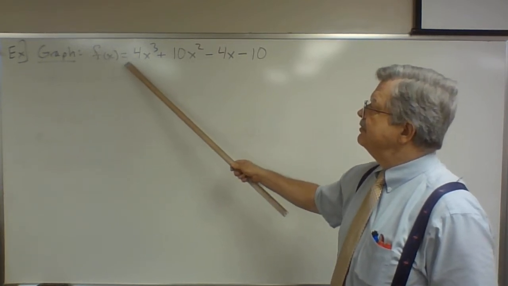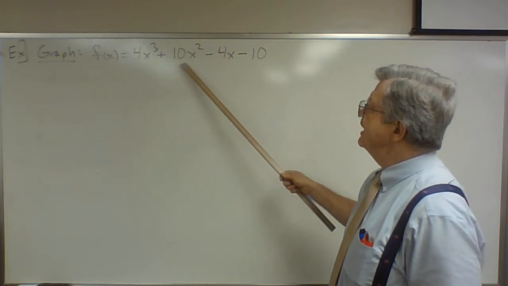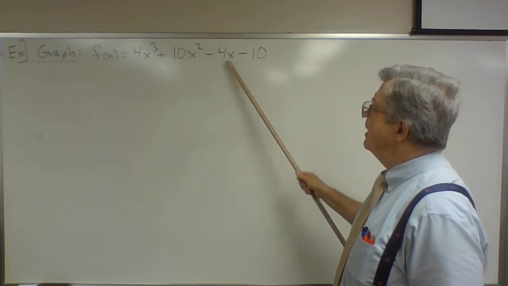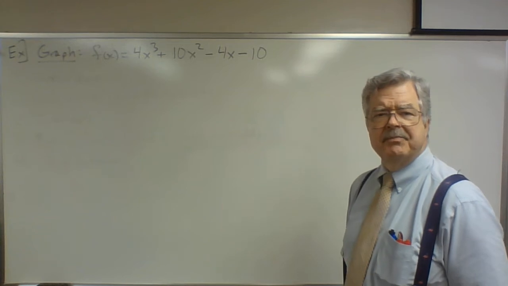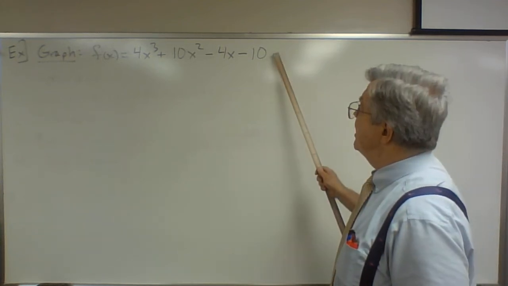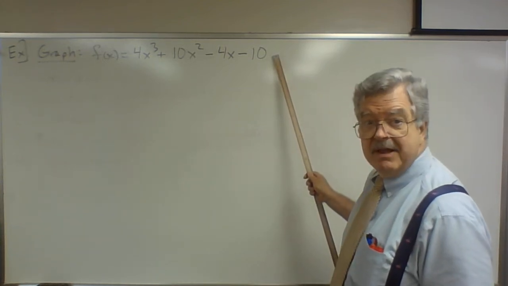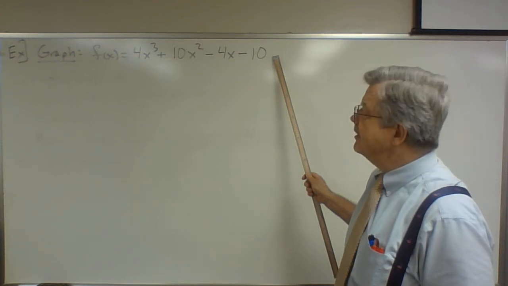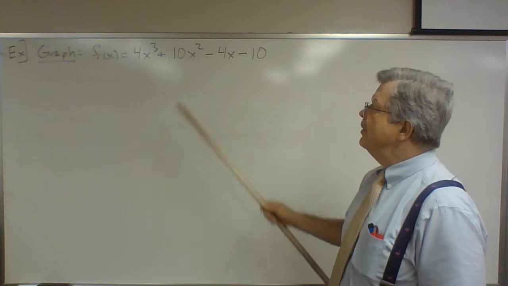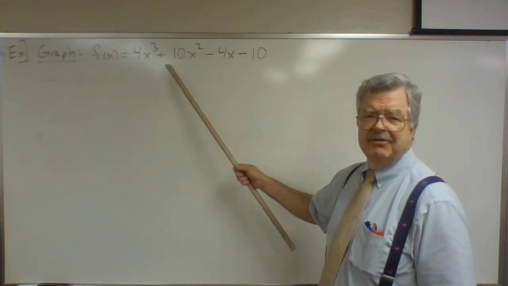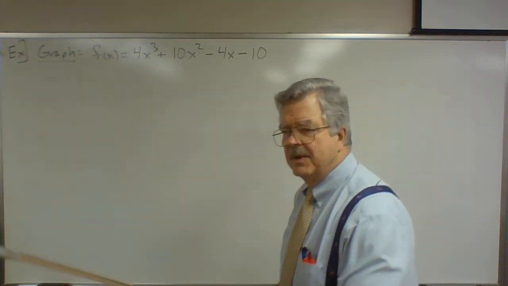Here's our first example. F of x equals 4x cubed plus 10x squared minus 4x minus 10. And this polynomial is in expanded form or standard form. And so what we want to do is factor this thing. That's the first thing that we want to do.